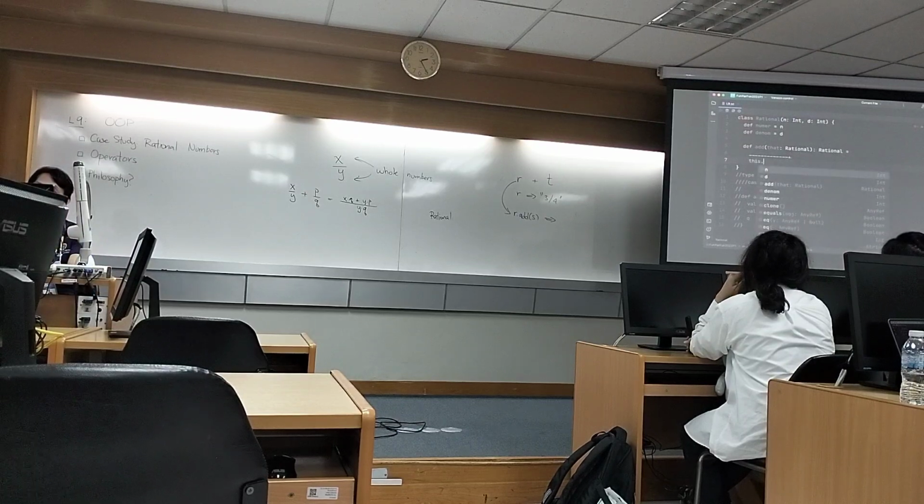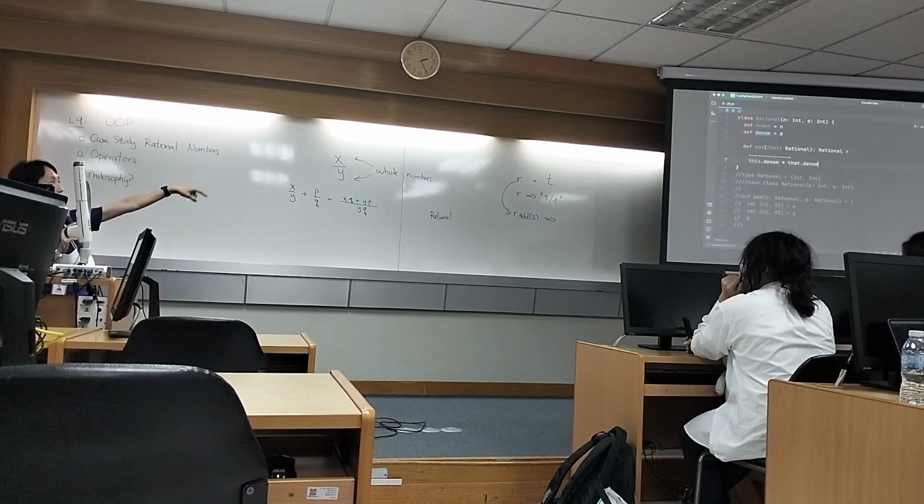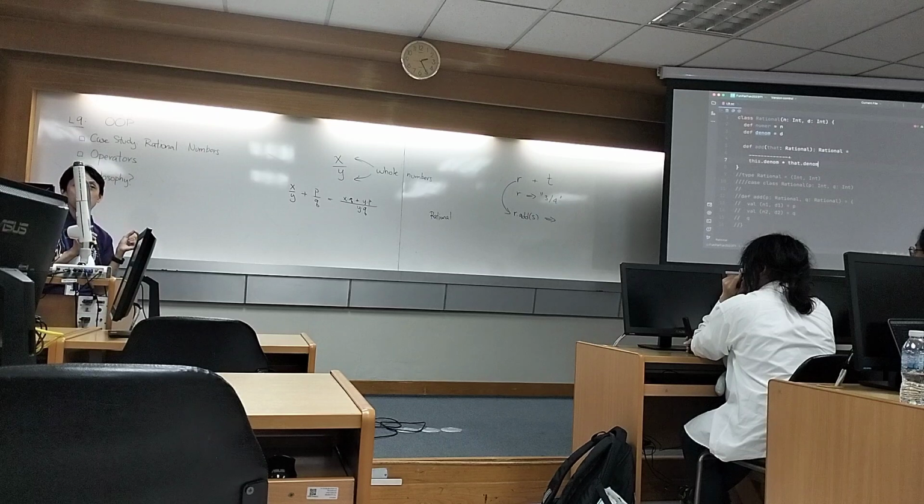This dot denom times that dot denom. Are we in agreement that that's how to compute the denominator? What about the numerator?